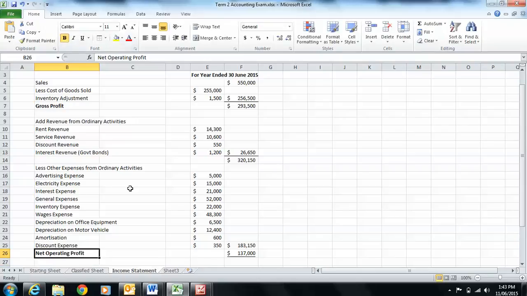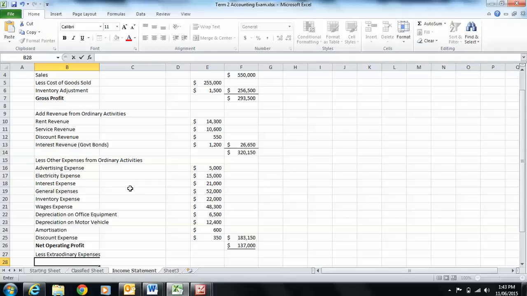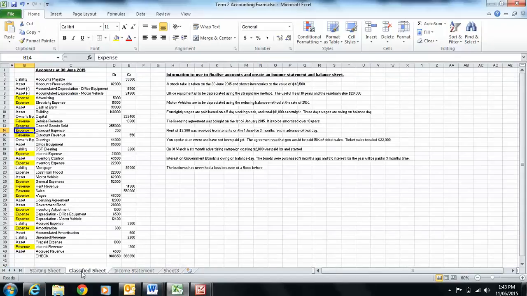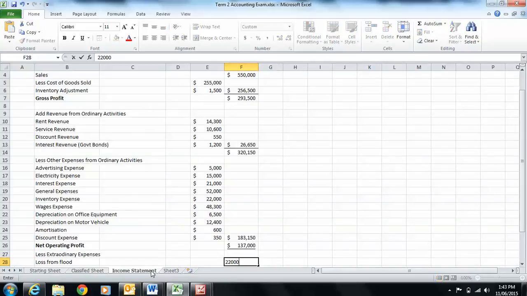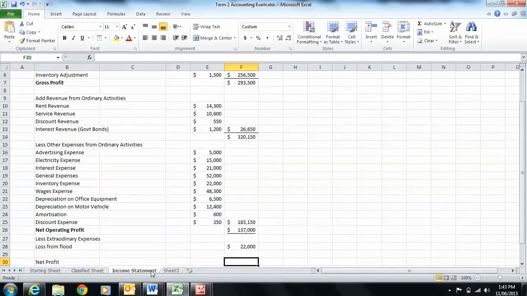Now, the only other thing we've got to do is less any extraordinary expenses, which we've already got in, and that's going to be the loss from the flood. So we put in that amount. The loss from flood is $22,000. And our net profit is going to be our total there, subtract our $22,000.